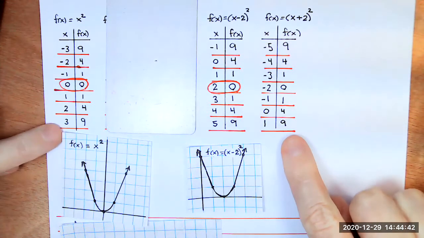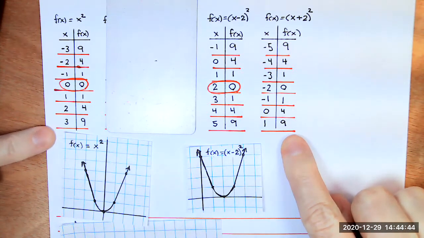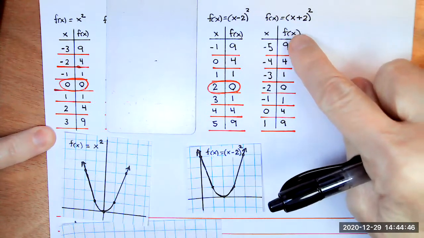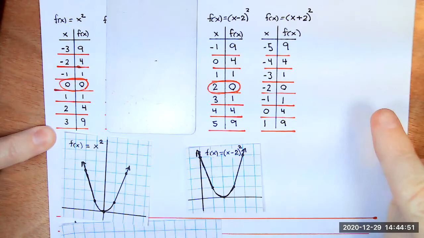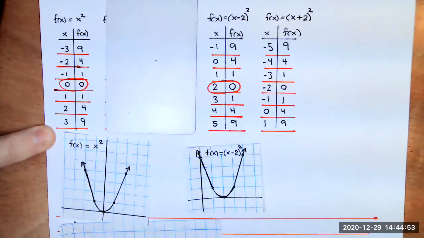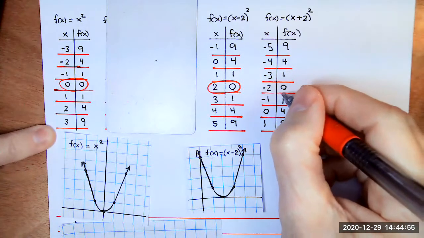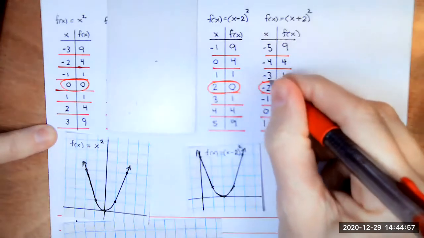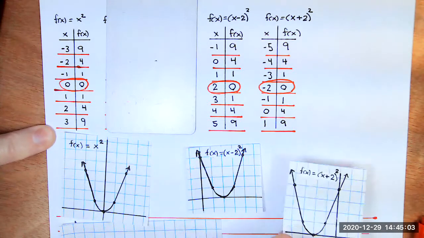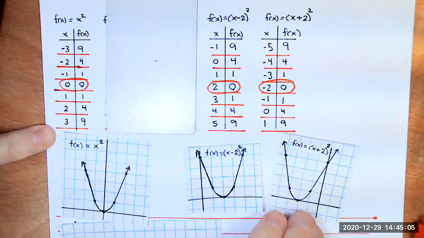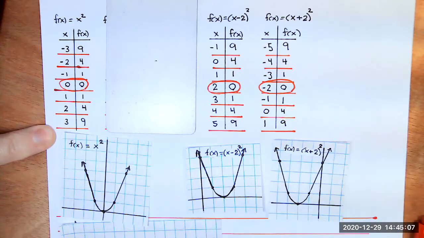So we compare this to our original function. We get the same y values, only now our x values are shifted to the left 2 places, and our vertex is at negative 2, 0. So the graph has the exact same shape, only now it's shifted to the left.